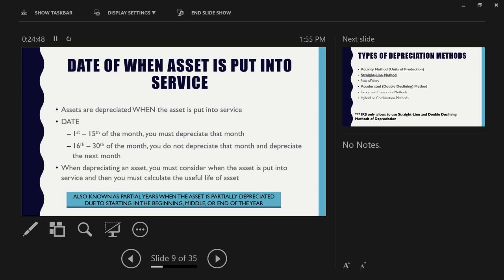So if I bought my printer in June of 2019, would it make sense for me to just depreciate it for a whole year? That's a question, by the way. Would it make sense for me to depreciate an asset for one whole entire year?